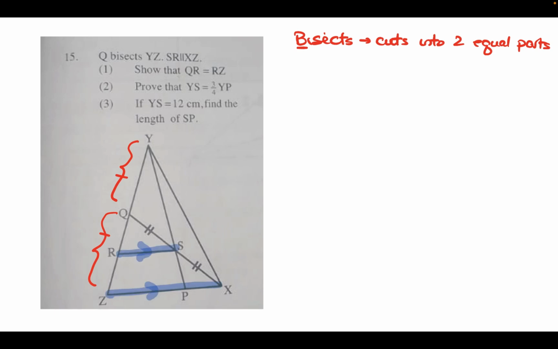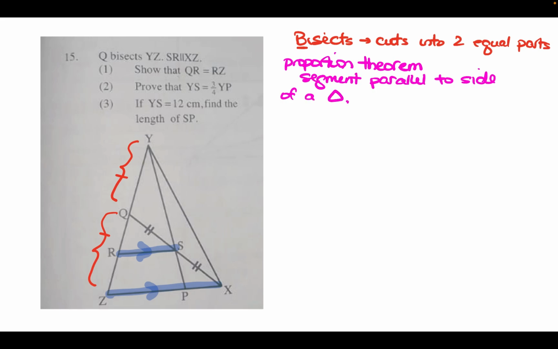Okay, well, we have triangles and we have parallel lines, so I think that this problem probably has to do with the proportion theorem, which states that if a segment is parallel to a side of a triangle, it cuts the other sides proportionally.